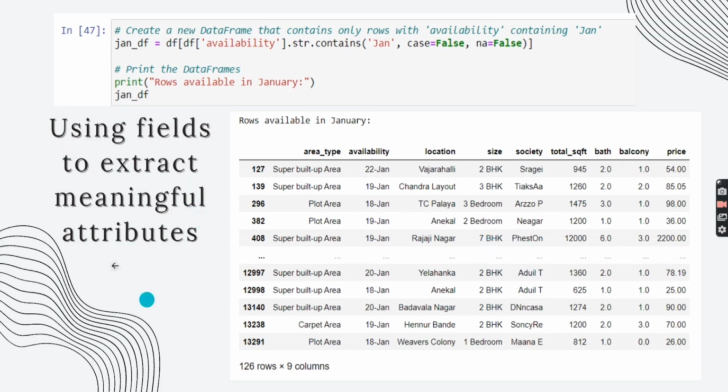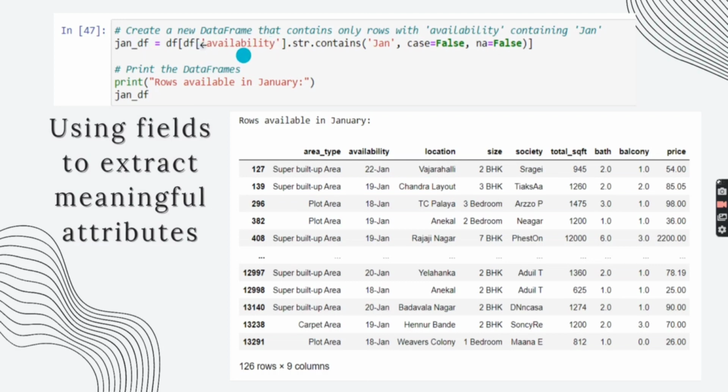Now, here I am using different fields to extract meaningful attributes. We have a column availability where we have a Ready to Move section, as well as January, February, different months, to mention the availability of that particular flat in Bengaluru.